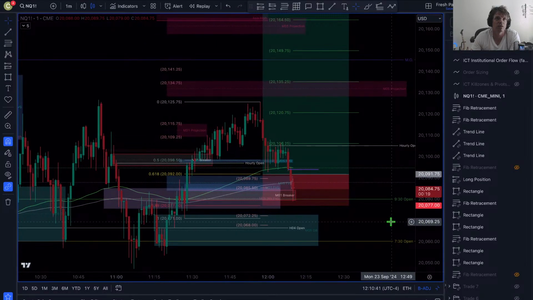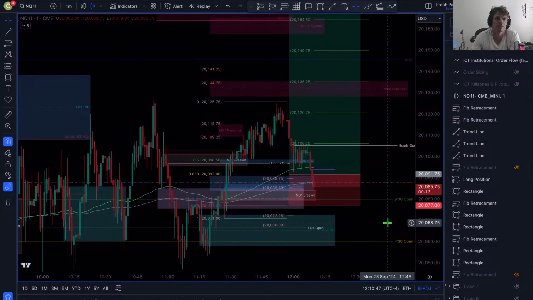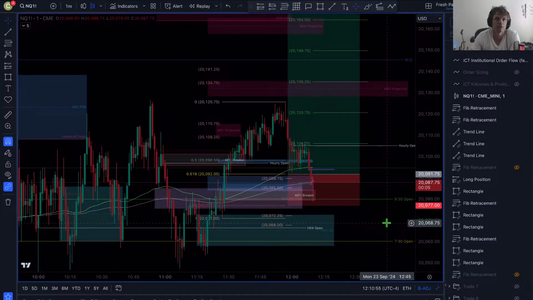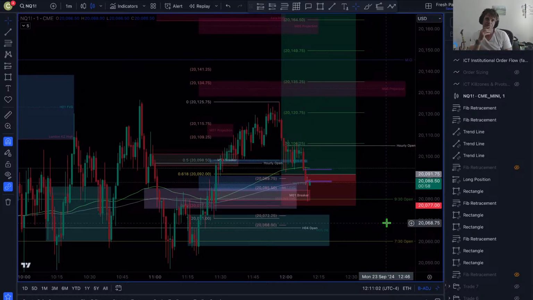Shame to get ticked out of that. Might not have all these targets to get to. Really hate to stop out and have it hold this structure.